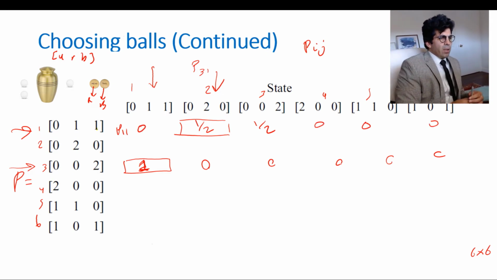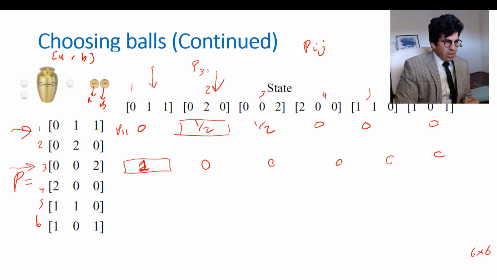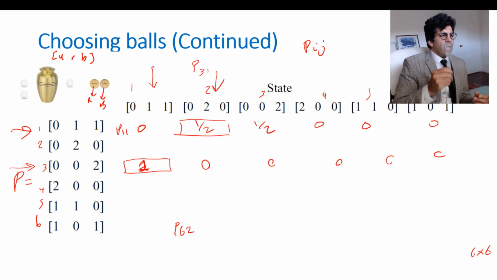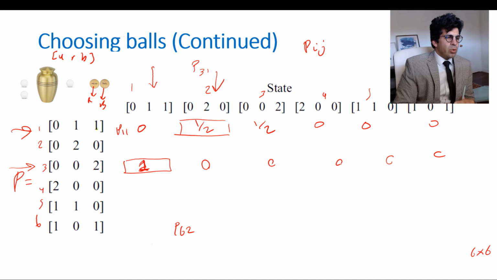Okay, the only tricky one I guess here is P6,2, going from 1 unpainted, 1 blue to 2 reds. What is that? Is it even possible for that to happen in one round of the game? So remember that the transition probability matrix talks about one round.